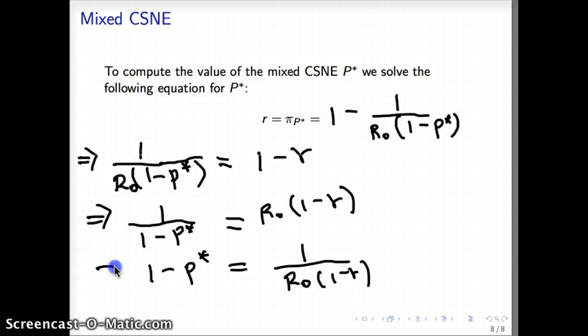Okay, so from the previous expression, that implies this, and then I can just swap: move the P star to the right and this to the left. So this is going to give me the expression 1 minus 1 over R0 times 1 minus R equals P star.